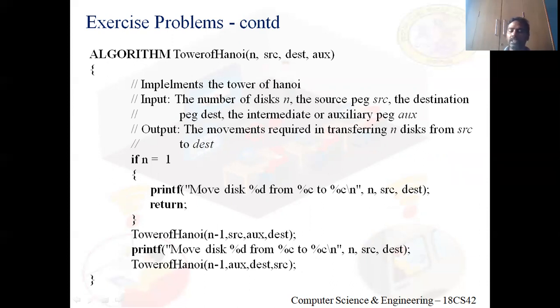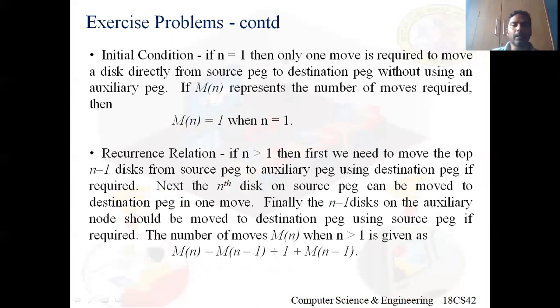So in the initial condition, only one disk is there. The number of movements is how much? It's 1. So m of 1 equals what? 1. Look at the initial condition, m of n when n equals 1. Because on the source there's one disk to move to the destination, we need one movement.